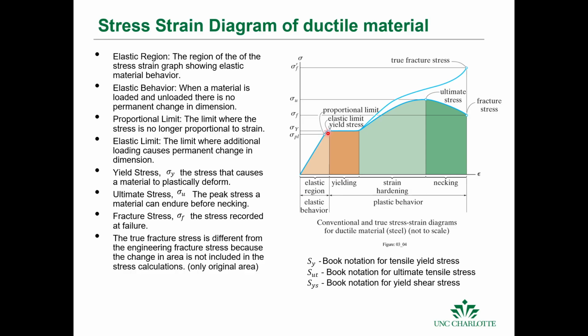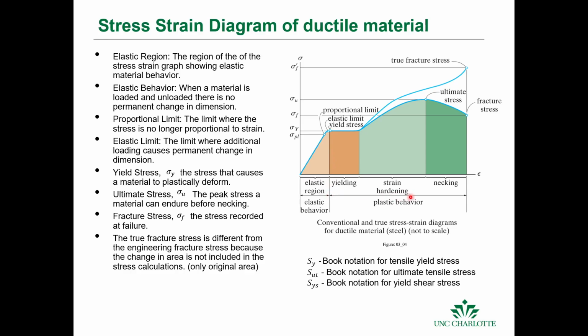The plastic limit and elastic limit are sometimes the same, but at the elastic limit, that's where we define our yield stress, and that's when any additional load will cause a permanent deformation of the material, or plastic deformation, or yielding.